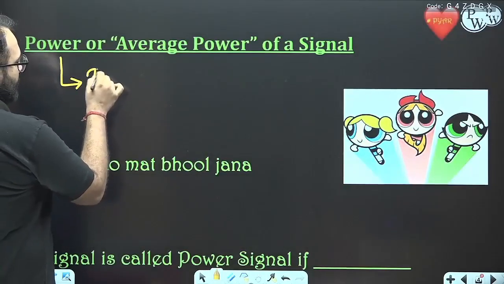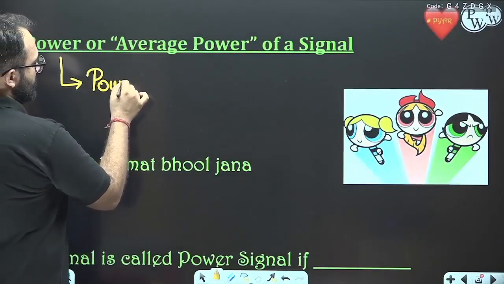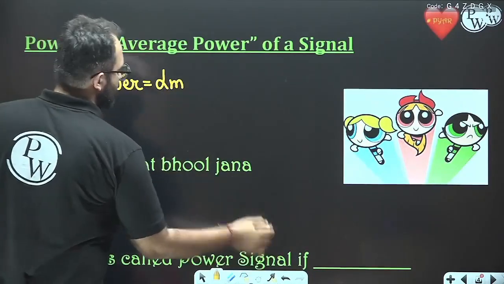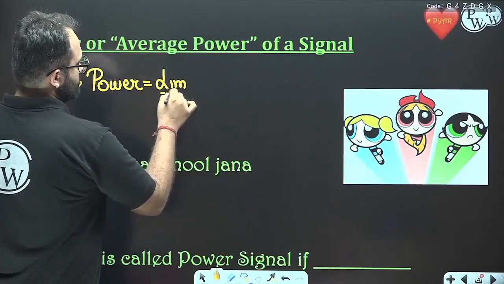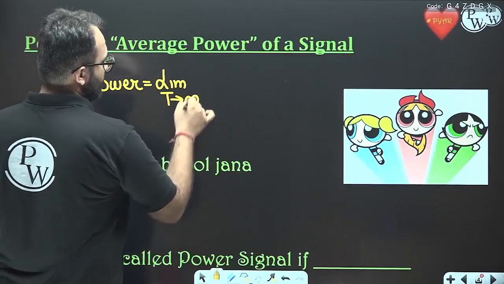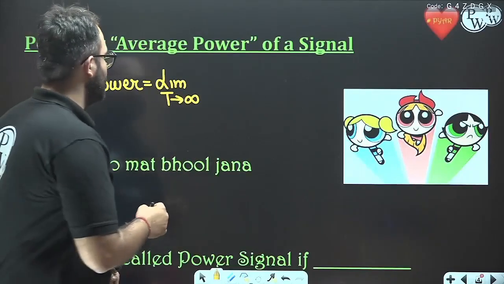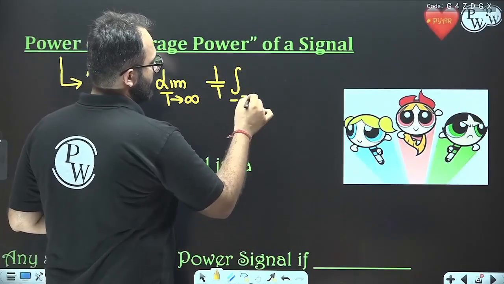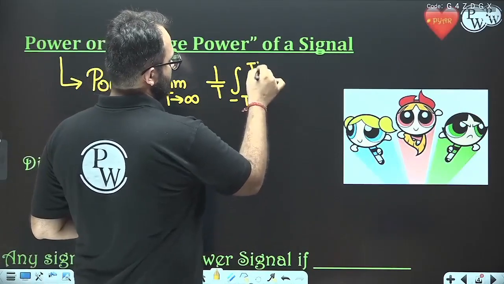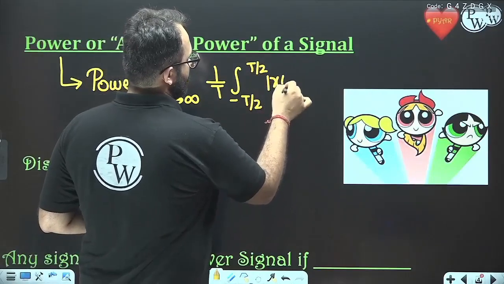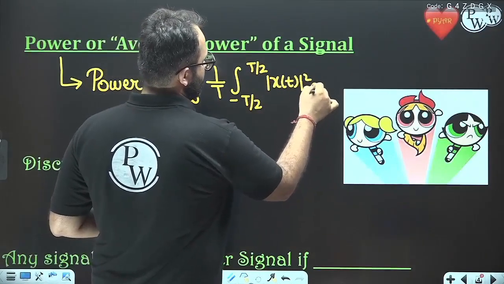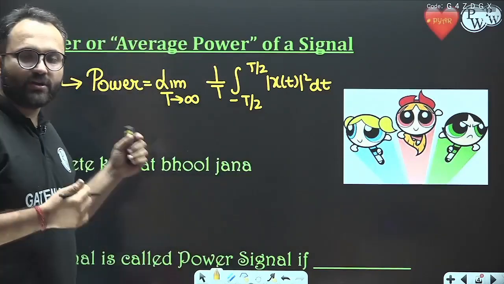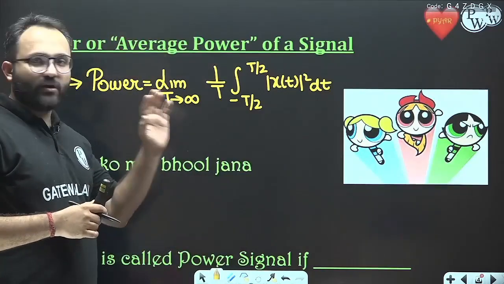The power of any signal is defined by limit T tending to infinity, 1 upon capital T integration from minus T by 2 to T by 2 of mod of x(t) whole square dt. This is the formula for calculating power for any continuous time signal, but this is not for a periodic signal.